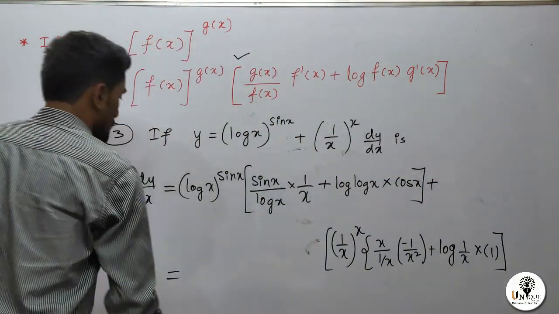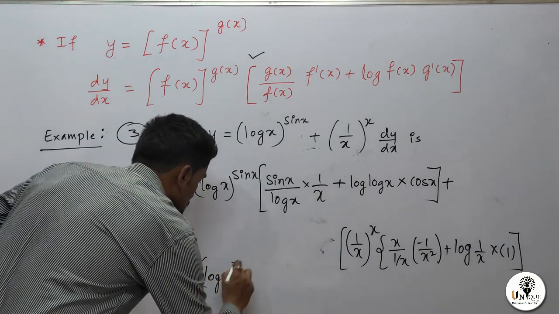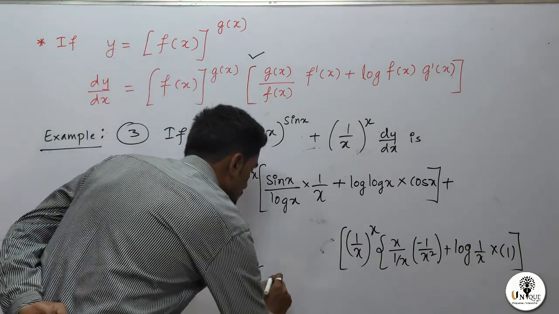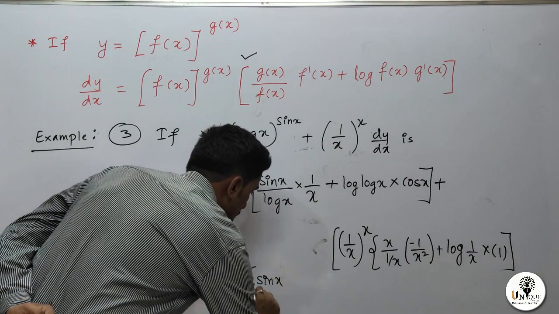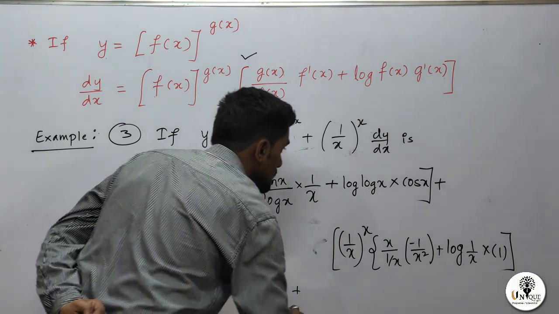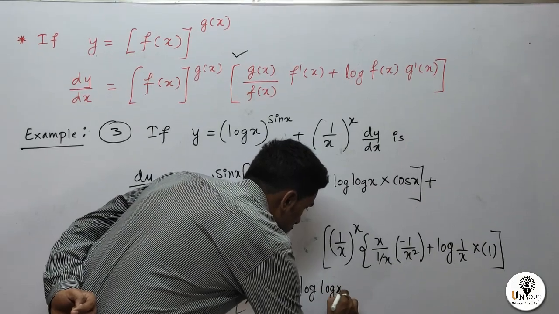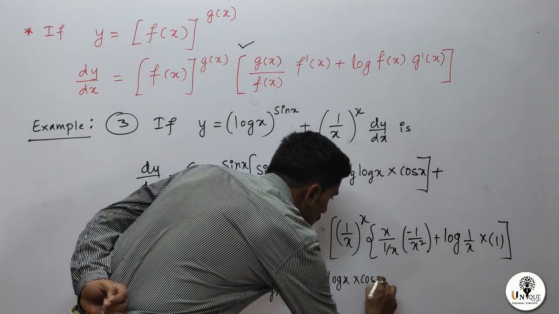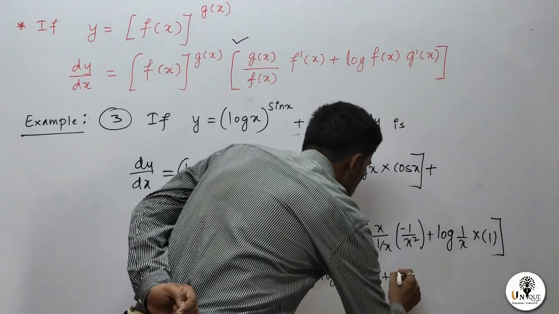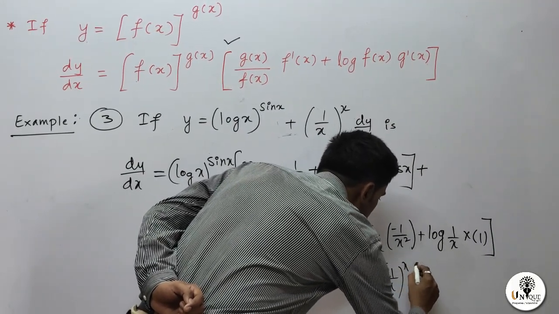You can simplify still more. So that will be equal to log x raised to sin x as it is, you can write sin x divided by x log x, plus log of log x into cos x, plus 1 by x raised to x.